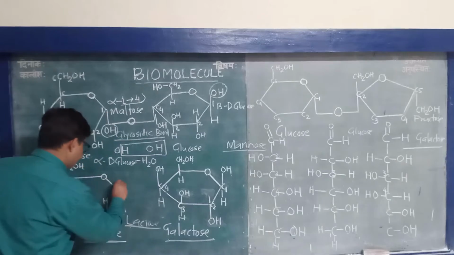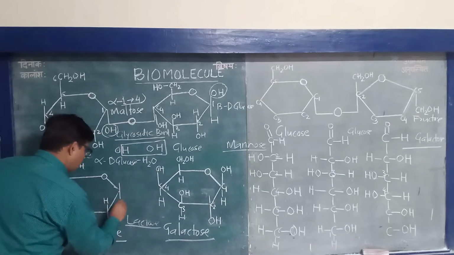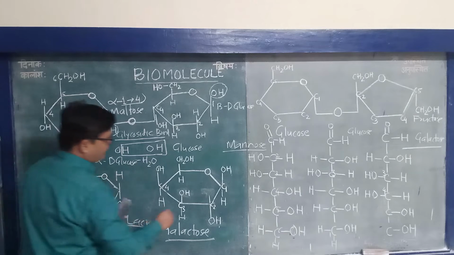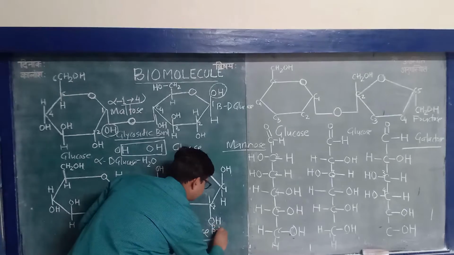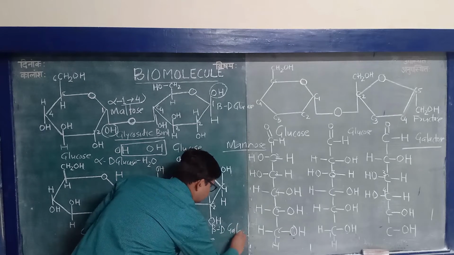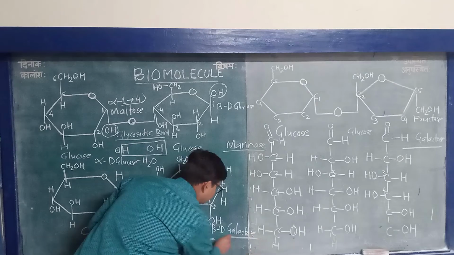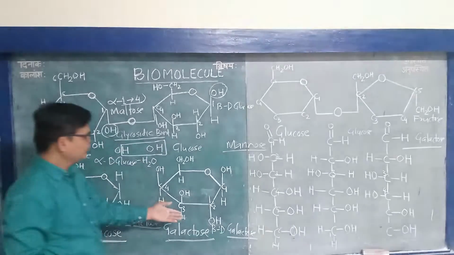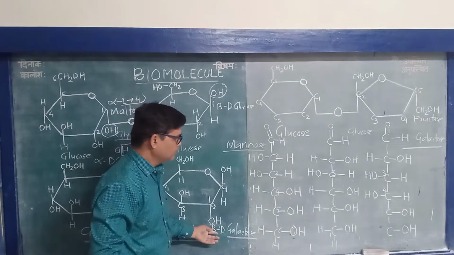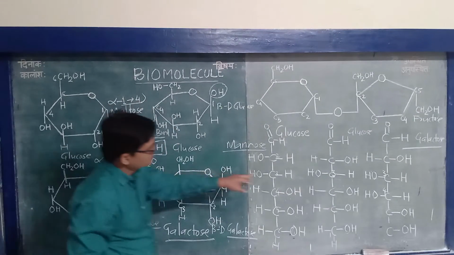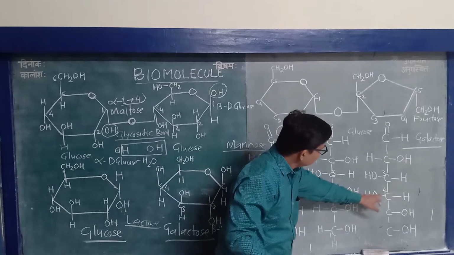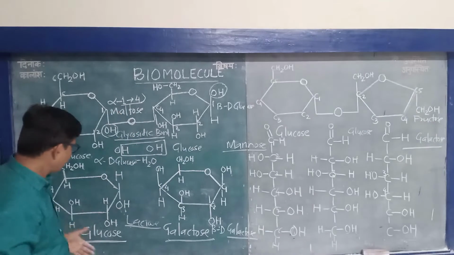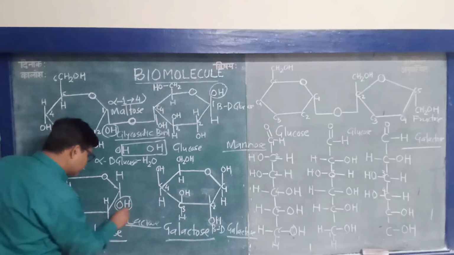Suppose this is alpha D glucose and this is beta D galactose. Generally people feel confused why it is known as alpha D glucose and why it is known as beta D galactose. Why am I writing this OH? Because at carbon number 4 the hydroxy group is on the left side, so you have to show OH above the plane, and in this case it is alpha D glucose.